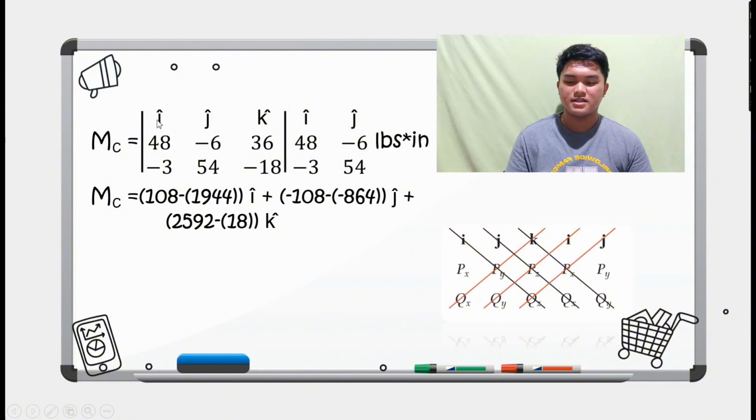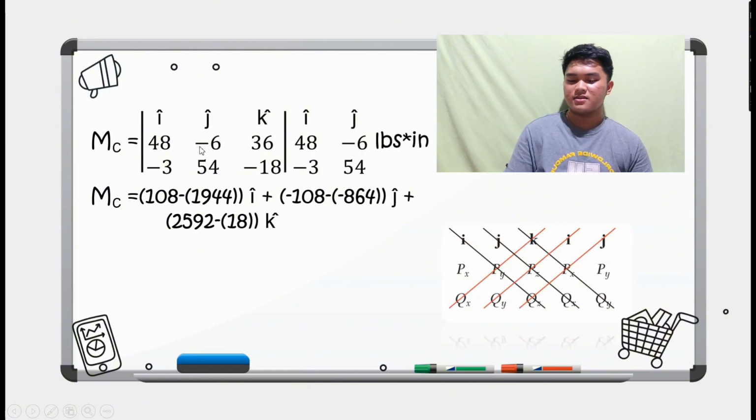So what I mean is that i hat is equal to negative 6 times negative 18, which equals positive 108, minus negative 18, 54 times 36, also in the i hat. So factoring out i hat, we will get 108 minus 1944.